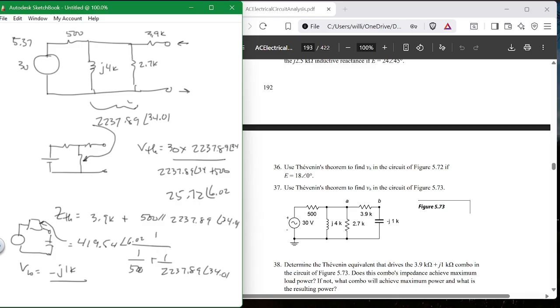And this isn't the 30, this is the V Thevenin. All right, V Thevenin, Z Thevenin, minus j1K. Put it back in. So you clipped it out, took scissors and clipped it out. Now you take Scotch tape and put it back in. I hope it holds. It will, and it works.